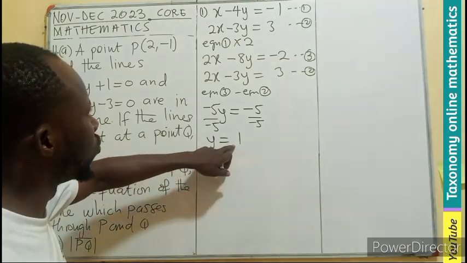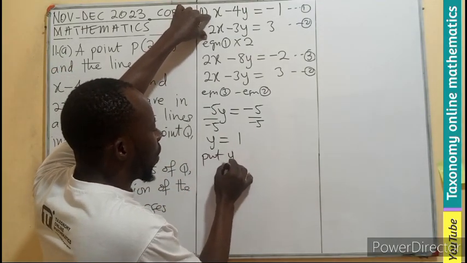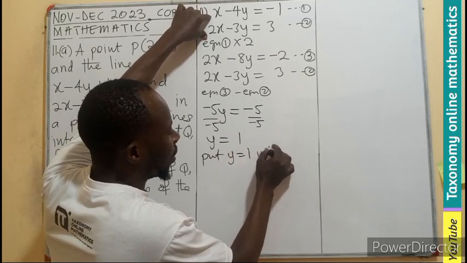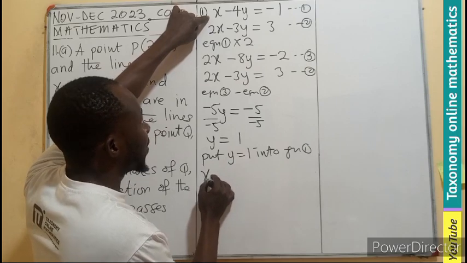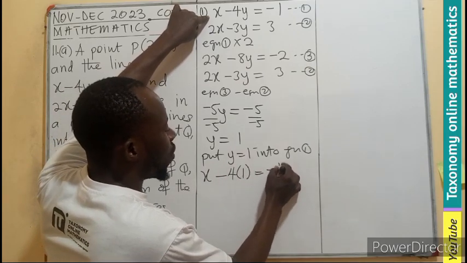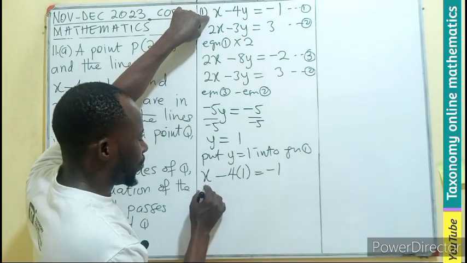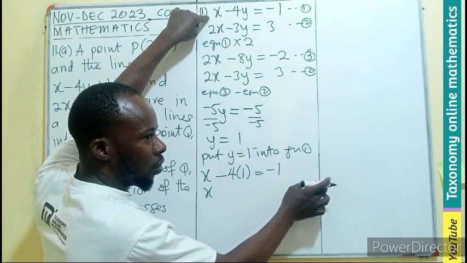This can be put into any of the equations. So we put y equals 1 into equation 1, meaning x minus 4y, with y as 1, equals -1. Maintain the x. This is going to be 4, and let this cross become positive.